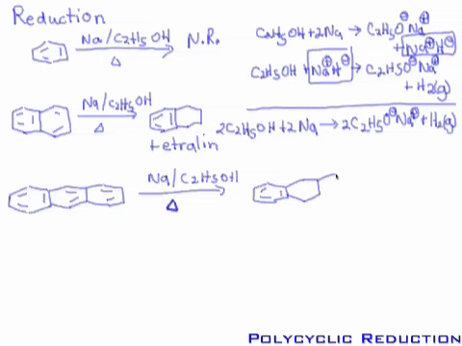Why would the 9,10 position be the position that gets hydrogenated? Because hydrogenating the 9,10 position here and here retains two aromatic rings. And so we produce 9,10-dihydroanthracene.